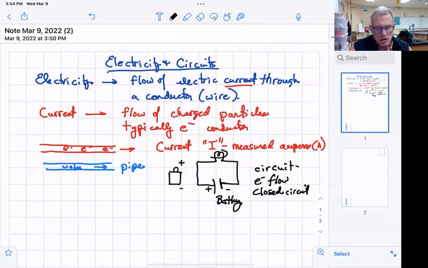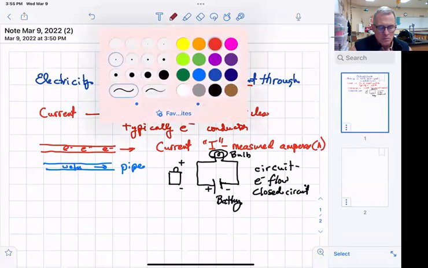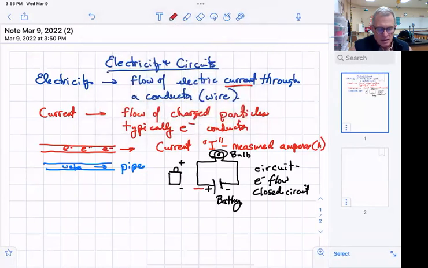This circuit also has a bulb. That bulb will light, and that bulb is a resistor. The current would flow from the battery around the circuit through the bulb and then back to the battery.